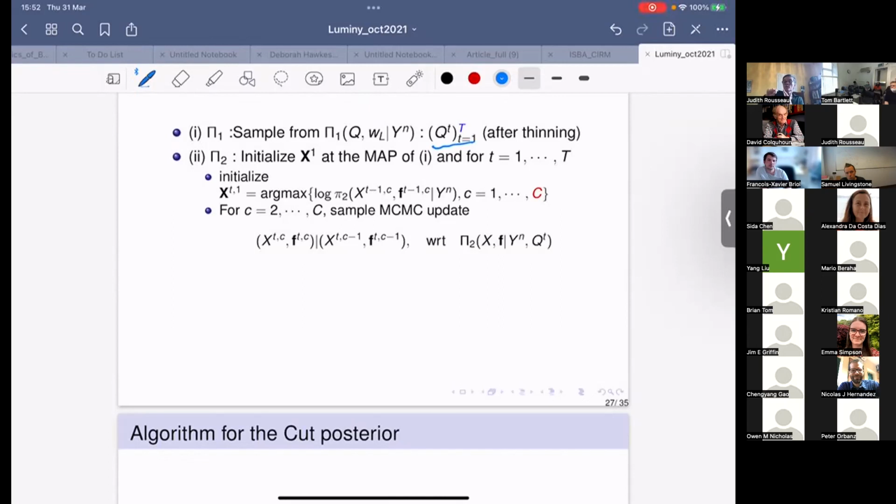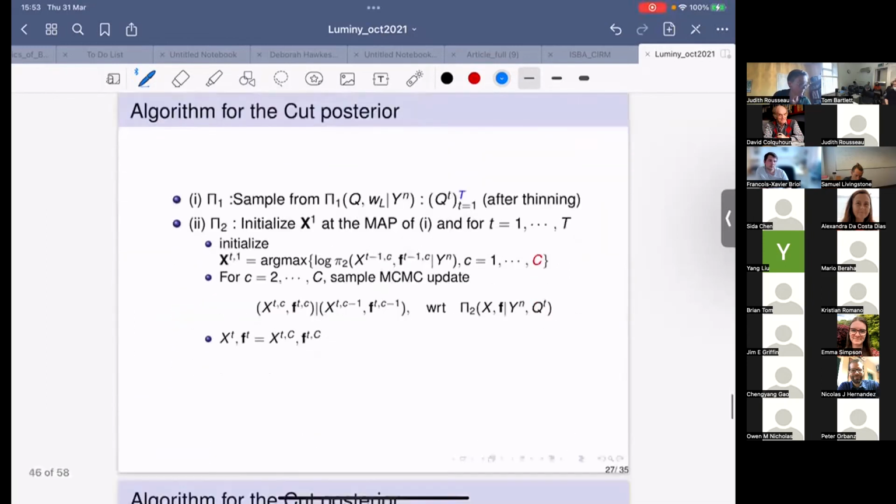But because the posterior on Q is so concentrated, because you have a Bernstein-von Mises result, Q doesn't vary much. And so if you initialize using the previous value, you're not going to be too bad. And so actually the mini chains in our case can be very short. And so it's not too time consuming to do the implementation.